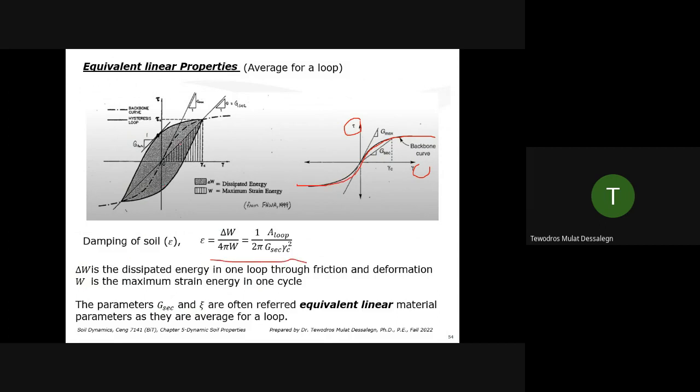You can calculate it from any test. If you know the dissipated energy and maximum strain energy, the damping within the soil can be calculated. You can calculate it either this way, or you can use resonance column test results, the half-power bandwidth method, or the logarithmic decrement method to get the damping ratio.